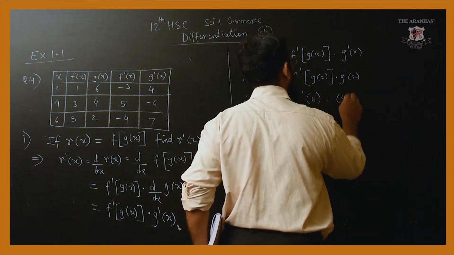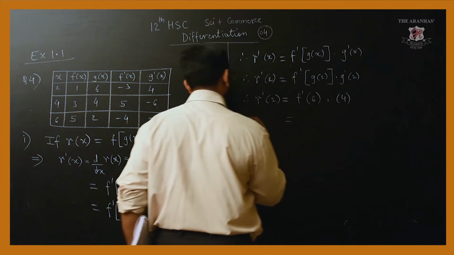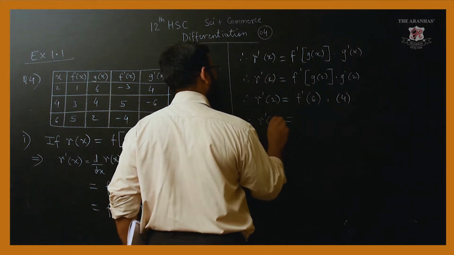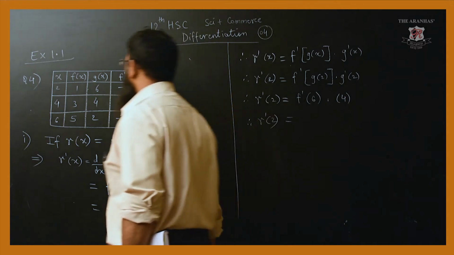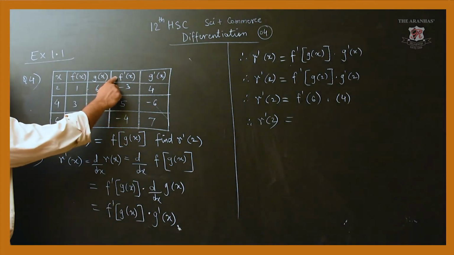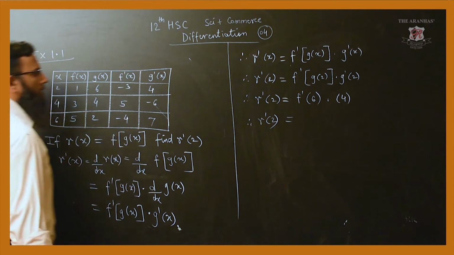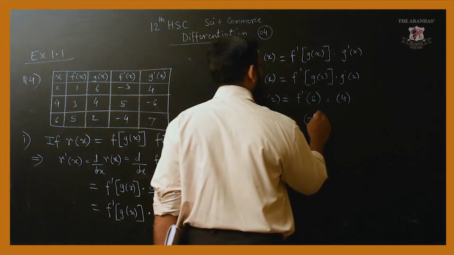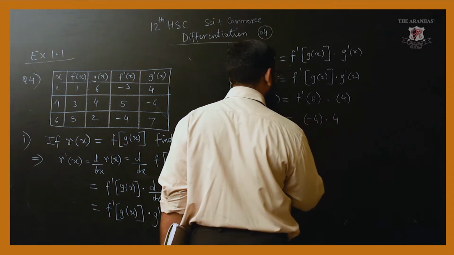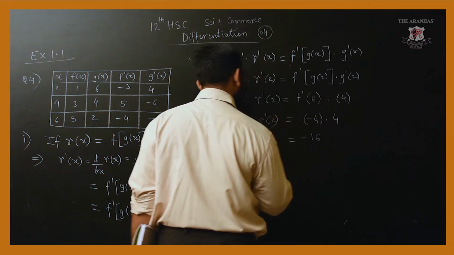So it is 4. One more thing is there: f dash of 6. Here it is x equal to 6 and the value over here is minus 4. So it will be minus 4 into 4, and the answer comes out to be.